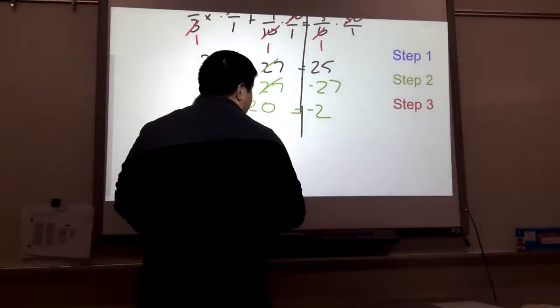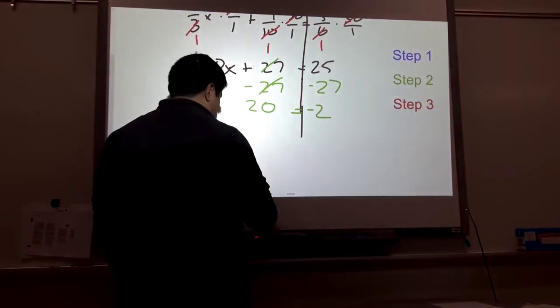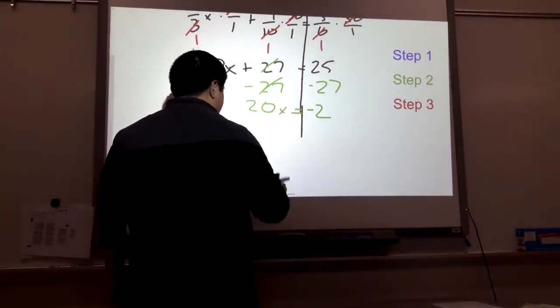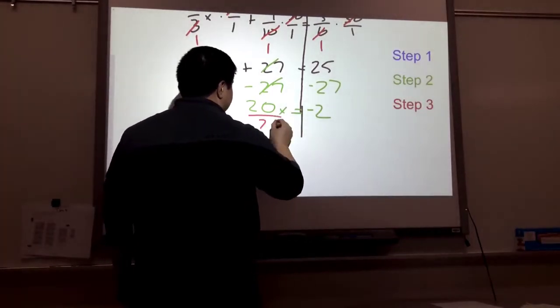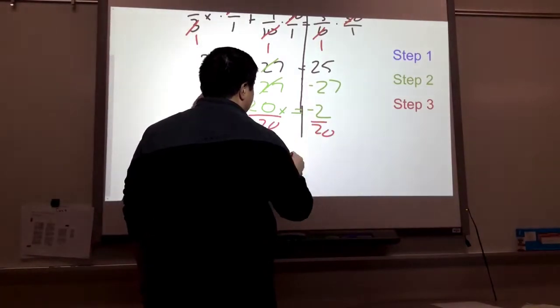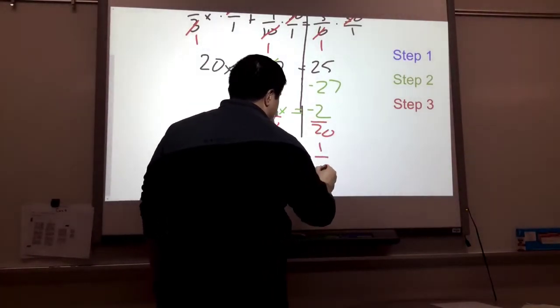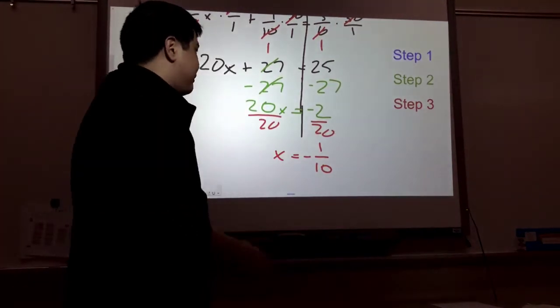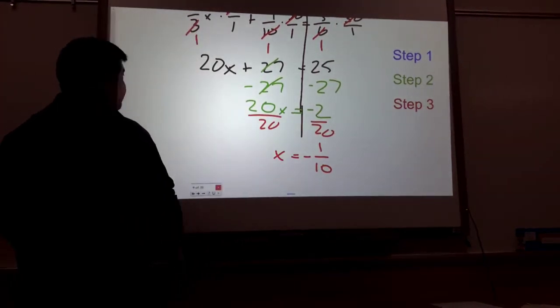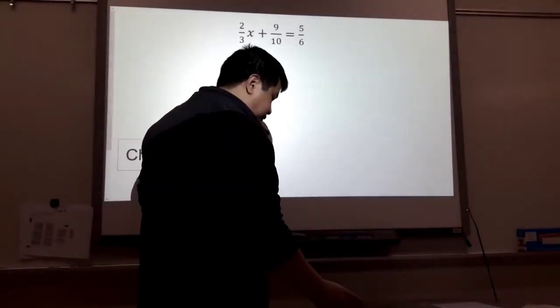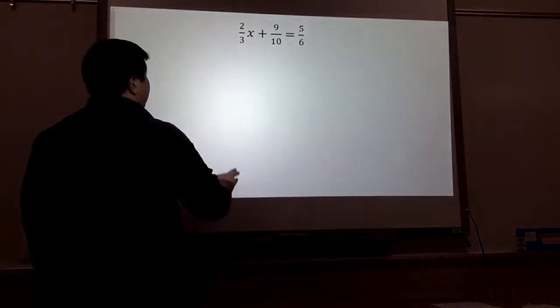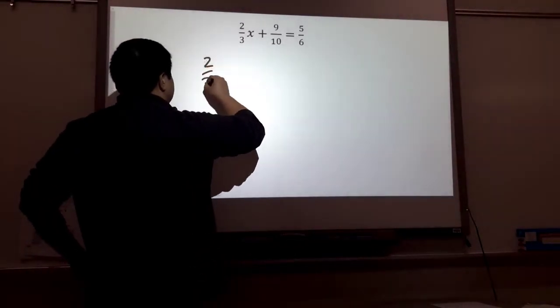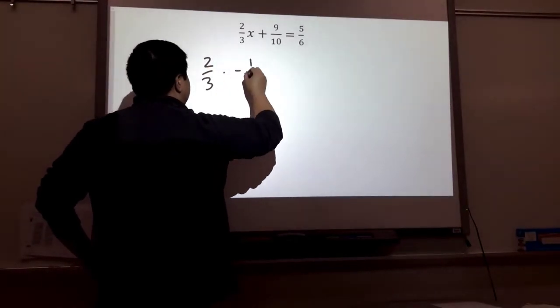Step 3. Isolate the x, divide by 20, divide by 20. x equals negative 1/10 once fully simplified, because negative 2/20 is the same thing as negative 1/10. So we're going to replace x with negative 1/10.